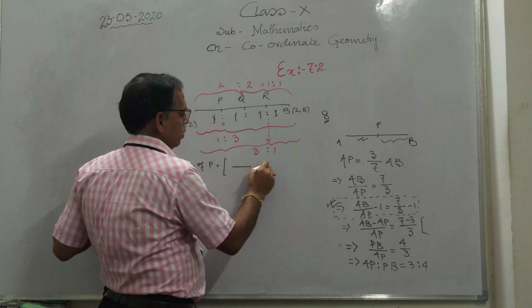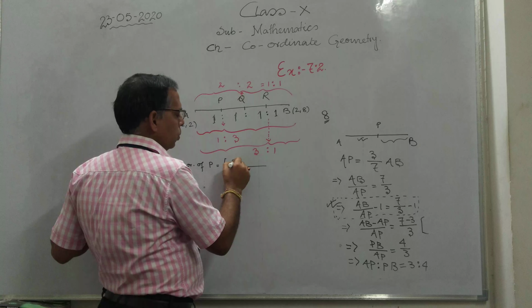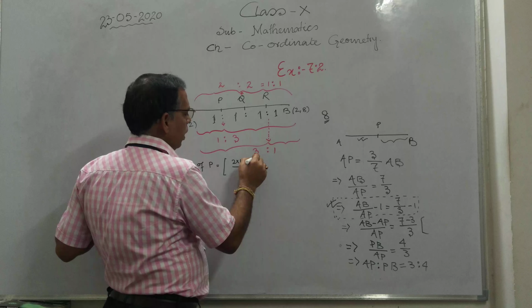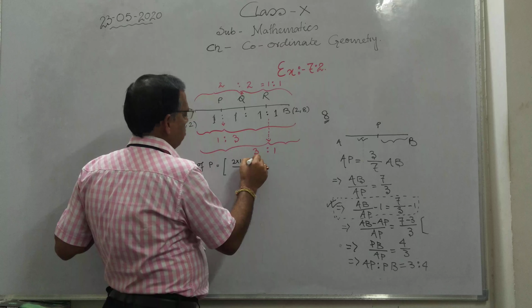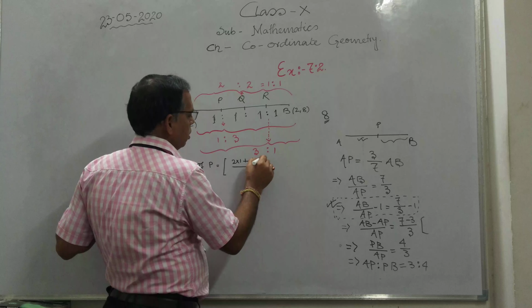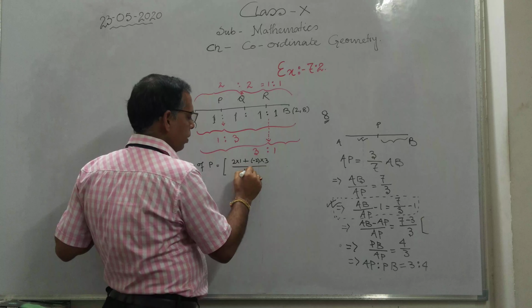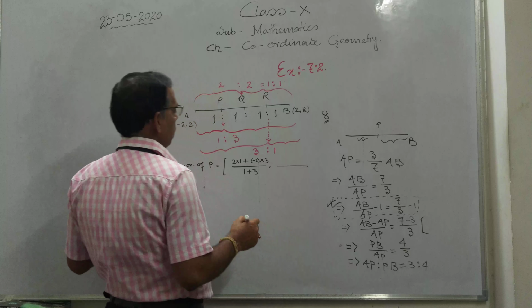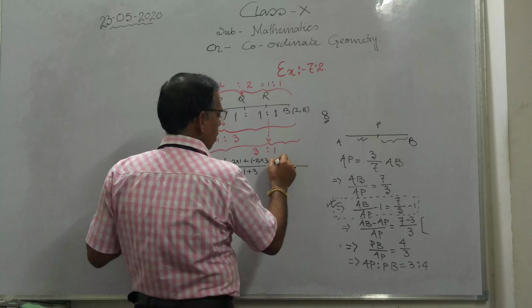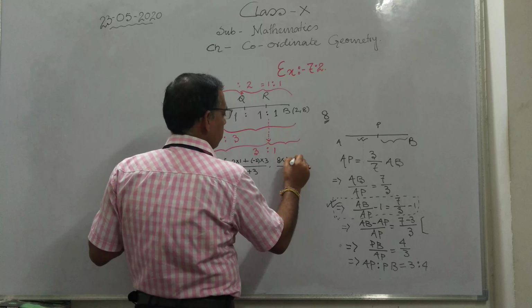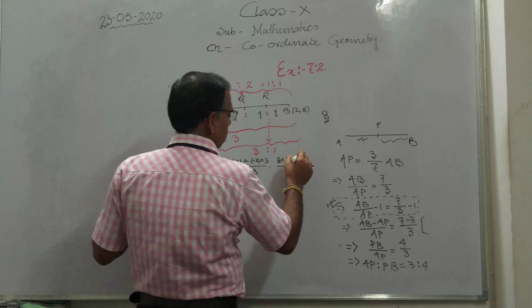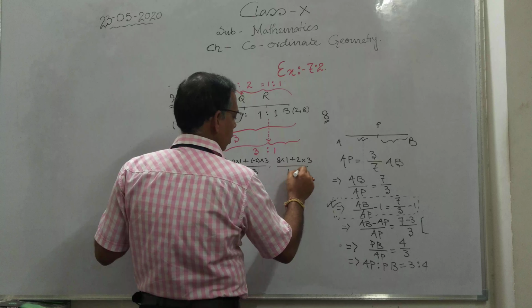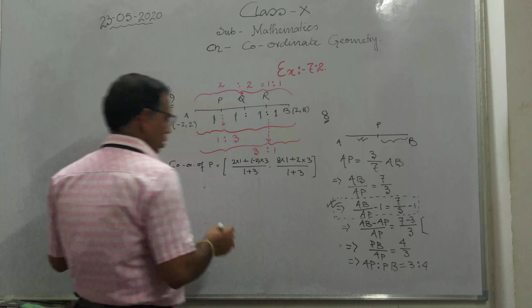So that means 2 into 1 plus minus 2 into 3 divided by 1 plus 3, comma, 8 into 1 plus 2 into 3 divided by 1 plus 3.